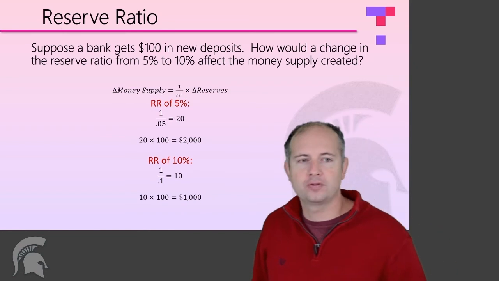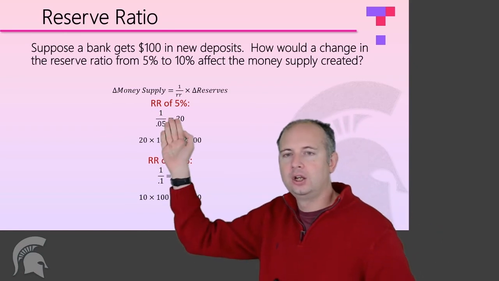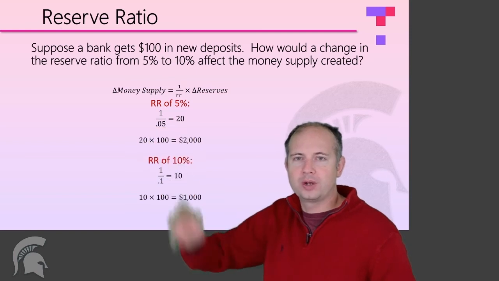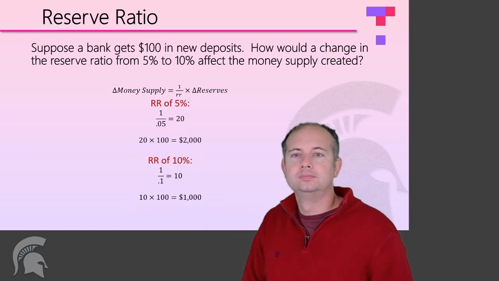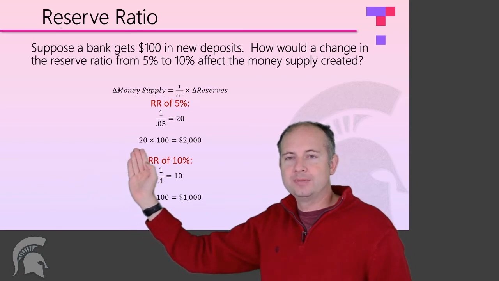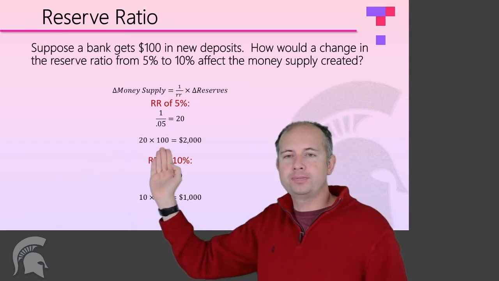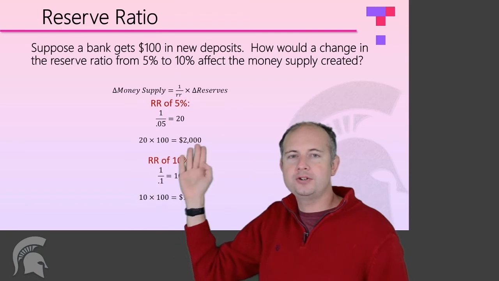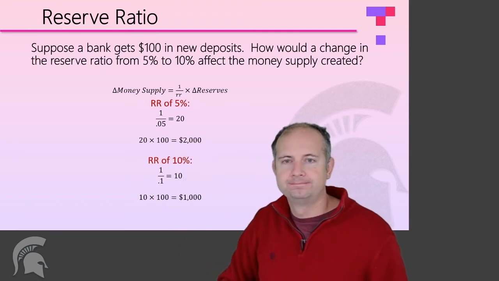If we have a reserve ratio of 5%, 1 divided by 5% gets us the money multiplier, which is 20. We multiply that money multiplier of 20 by our $100 in new deposits. 20 times 100 is 2,000.